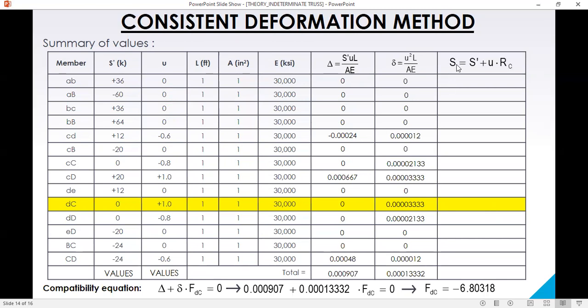So next is compute for the correct value of the force of the members. Again, to solve for S, it's S prime plus U times redundant. But since U is 0, then S is equal to S prime.